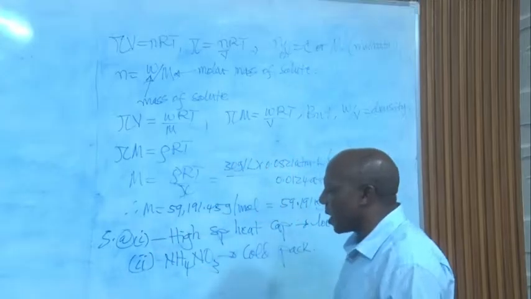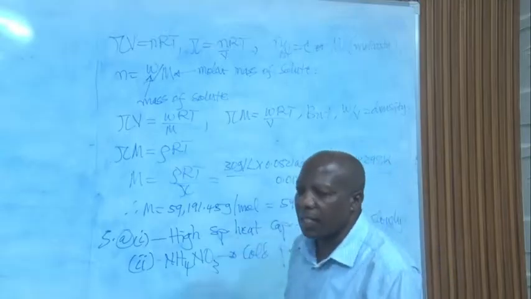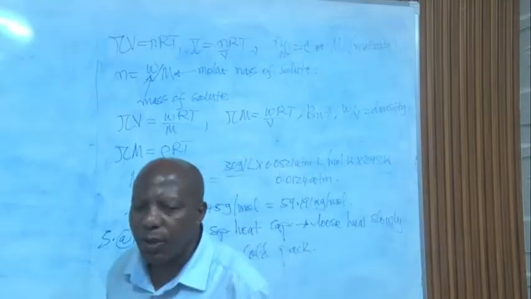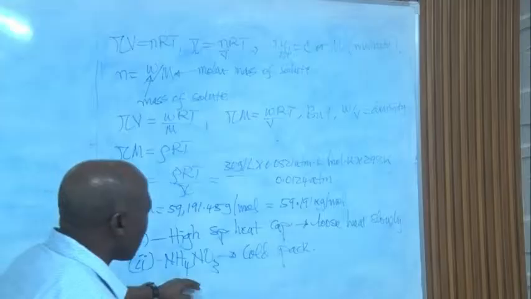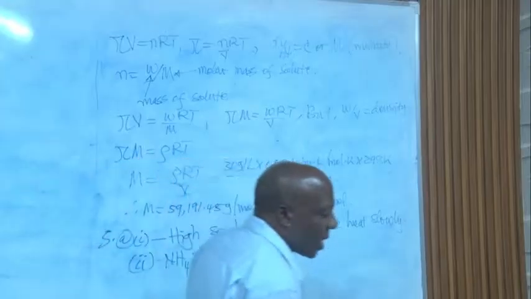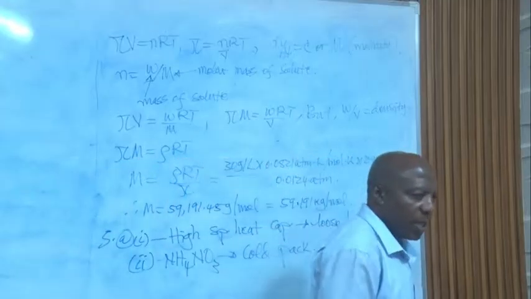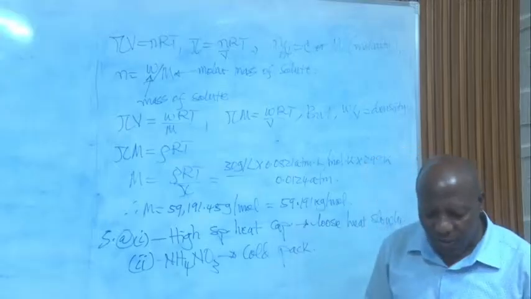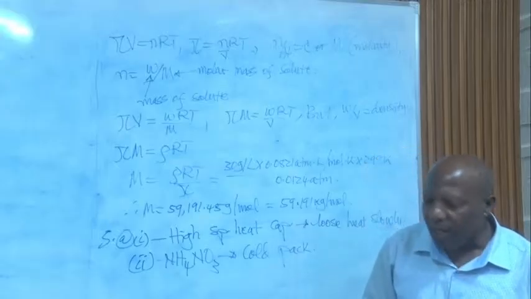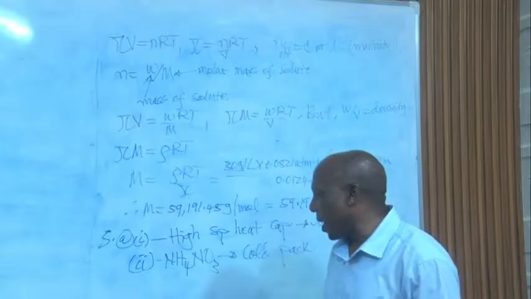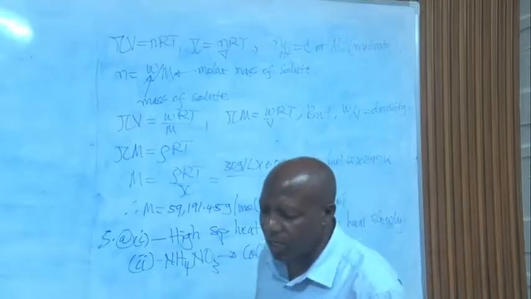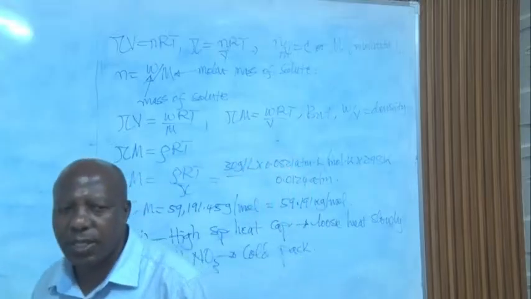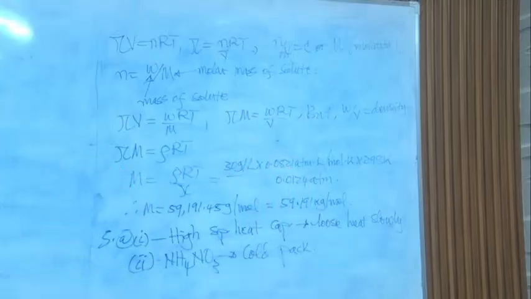Normally, it absorbs heat during its dissolution. If during the dissolving process the temperature lowers, we say that the process is endothermic. So if the material that is dissolving lowers the temperature and the solution becomes colder, it shows that the process is endothermic.